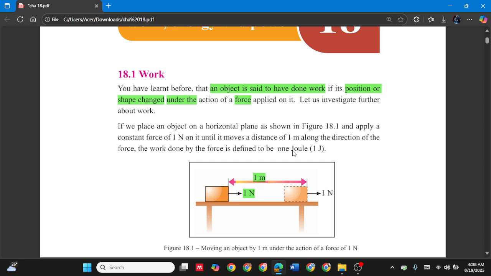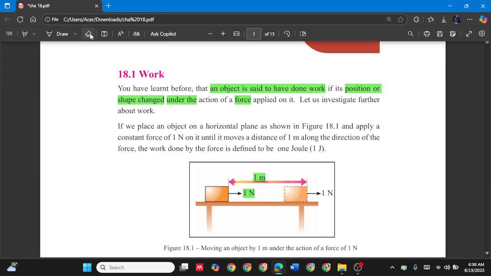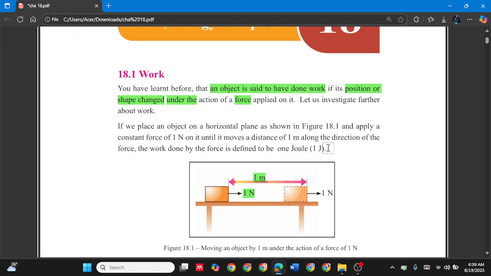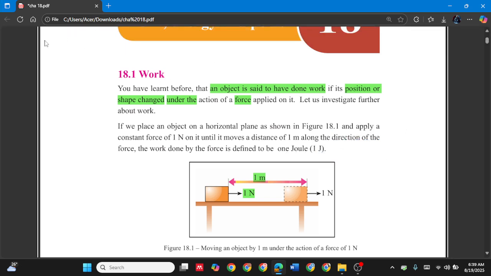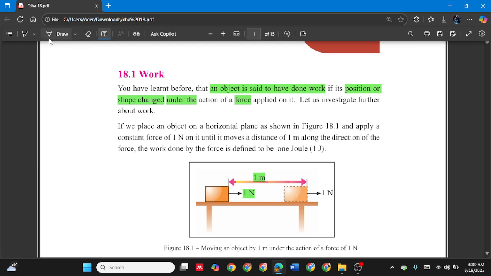But when it comes to work, the unit is joule.